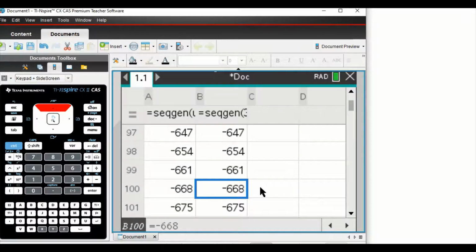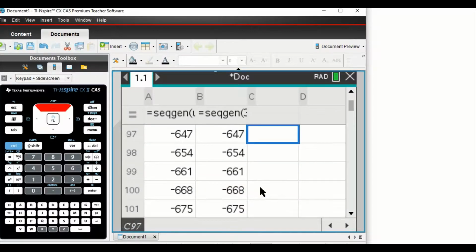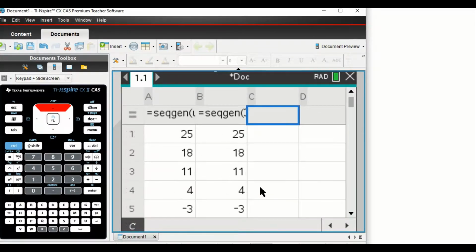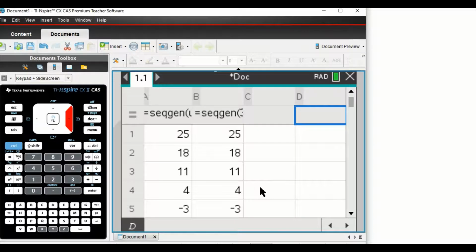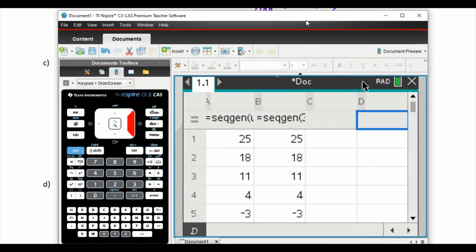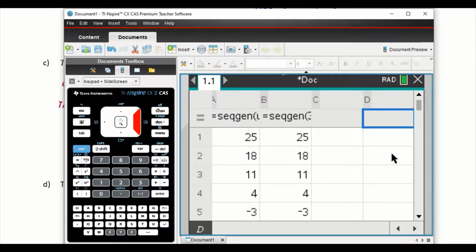Now I'm going to show you the other method, which is much more manual. Normally, I don't really prefer this method, but this is another thing you can do, especially for recursive sequences. What you can try to do here is, for column C, you just key in your initial value, which is going to be 25. After you key in your first value, for every next term you will need to minus 7.